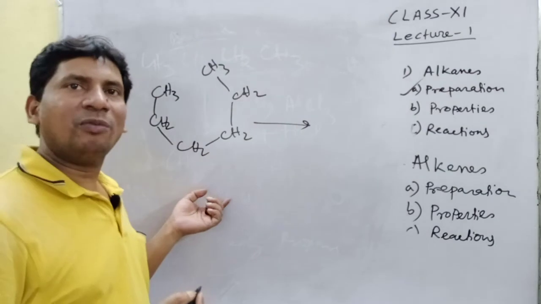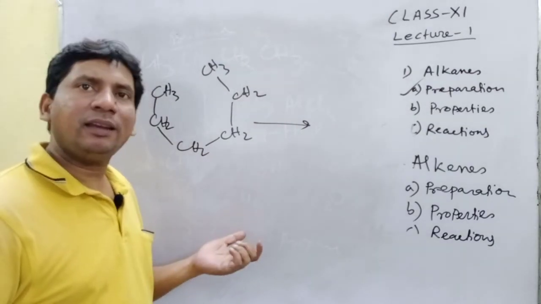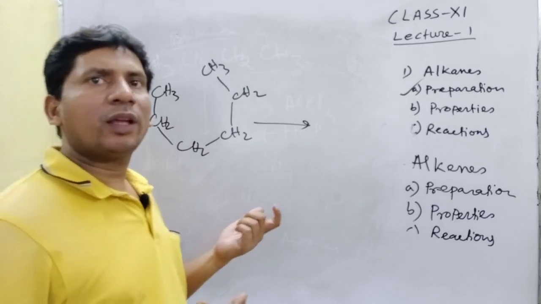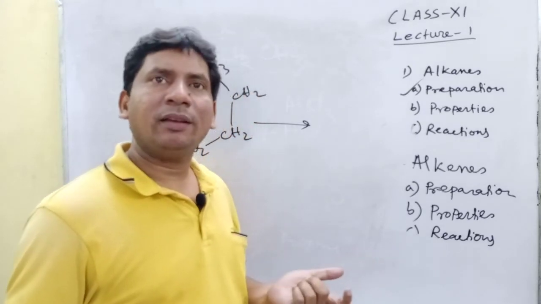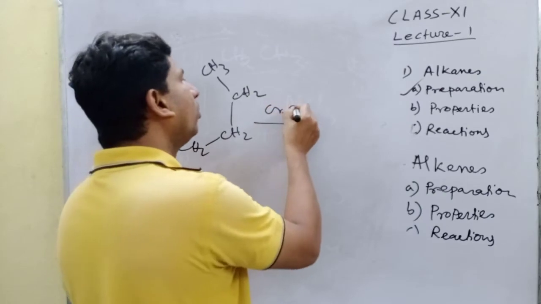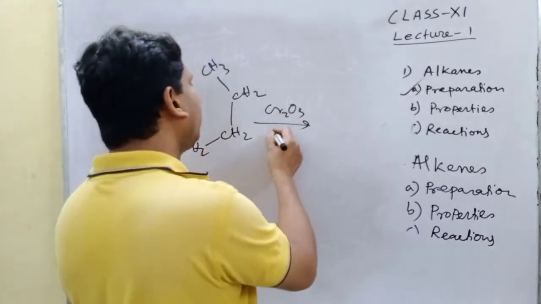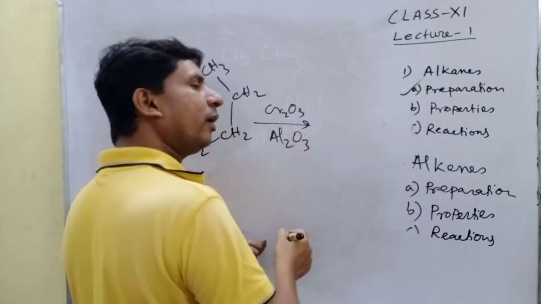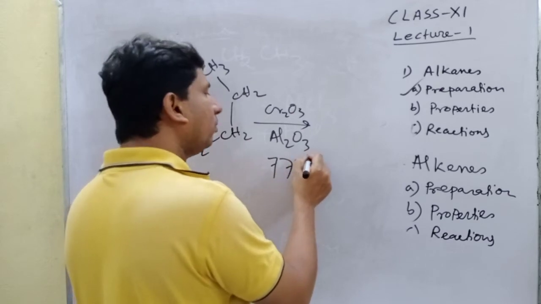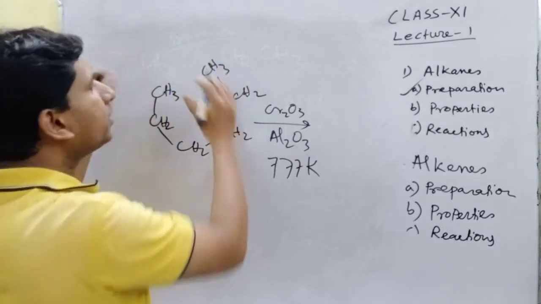In the presence of chromium oxide, Cr2O3, or vanadium pentoxide or aluminium oxide, and high heat of about 770 Kelvin, at this type of temperature this cyclization occurs.